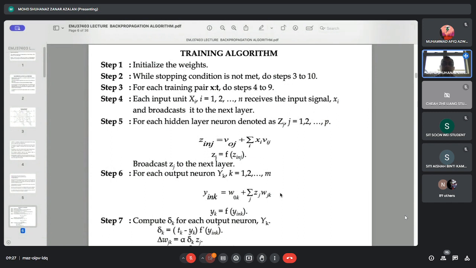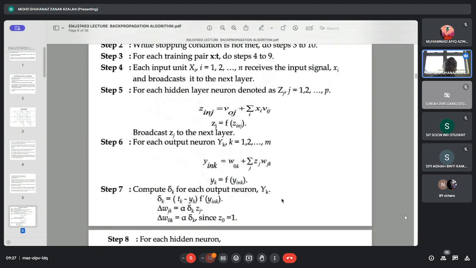At the hidden layer we will calculate the Z value, and then at the output we will calculate the output value Y. Once we get the output value Y, we calculate the difference between the target and the output here.